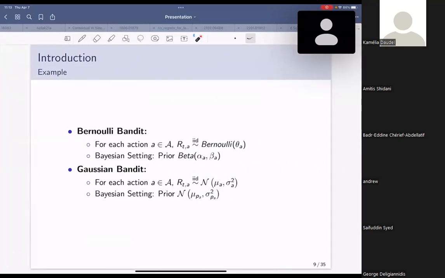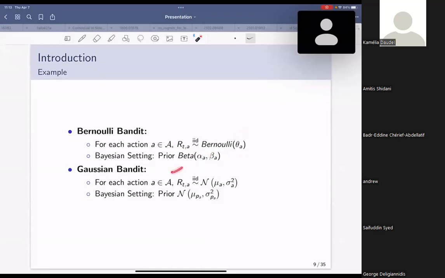So these are two very famous bandit problems. One is the Bernoulli bandit, as I mentioned before, where the rewards are coming from a Bernoulli distribution with the mean reward theta_A. And in the Bayesian setting, we are assuming that for each theta_A, there is a beta distribution prior.